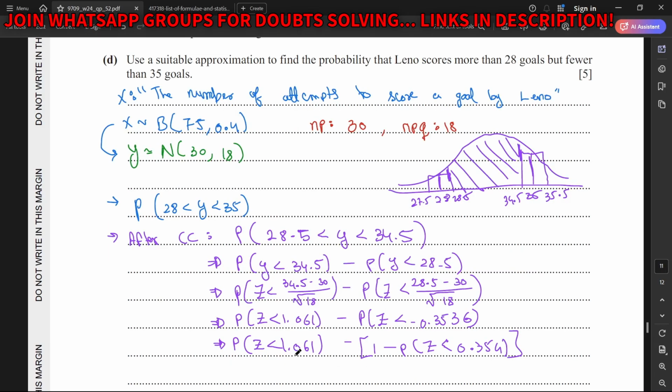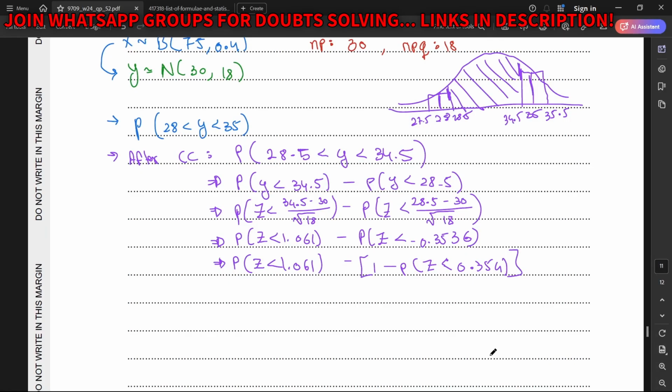So over here, I'll need to have 3 decimal places only. So that is what I was ensuring that it is correct. And therefore, the final equation that I'll be having over here would be P of Z less than 1.061 minus P of Z, not minus, but minus minus becomes plus. So Z less than 0.354 and then minus 1.